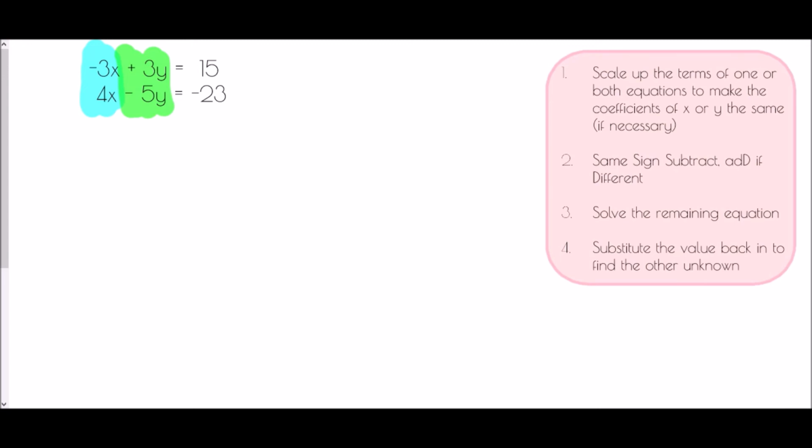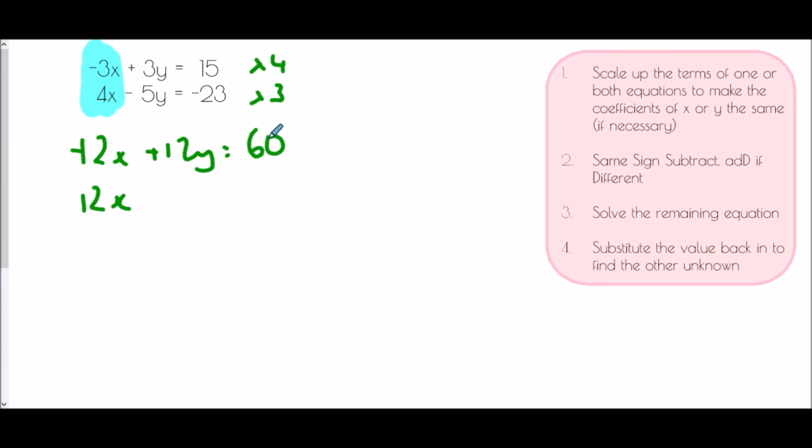And so in this case, I'm going to make the x's the same value. And the way to do that, well, the first one is going to need to be multiplied by 4 and the second one multiplied by 3. I'm going to make 12x in both cases. And so if I multiply the top one by 4, I get negative 12x plus 12y equals 60.